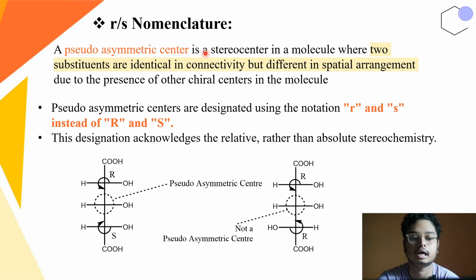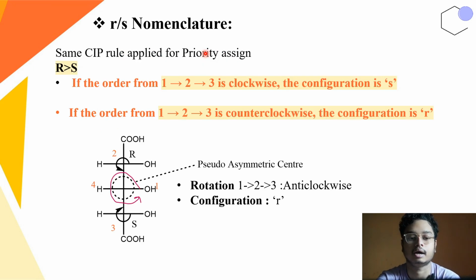Okay, so let us determine how to assign the r/s nomenclature of the pseudo-asymmetric center. The same CIP rule is applied for priority assignment, but here we apply the third rule of CIP, that the R configuration gets more priority than the S configuration.